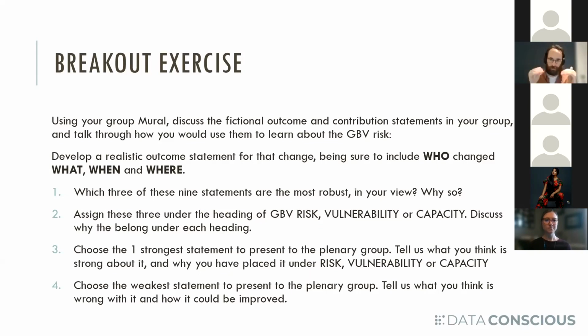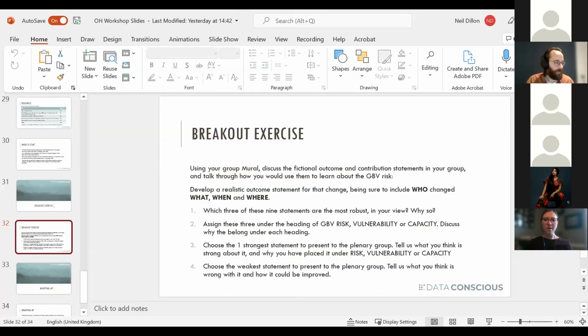If you scroll down, there's a section that says breakout exercise number 2, and it's on interpreting the data. In that section, you have the risk analysis, the threat, capacity, vulnerability, taken from the example that we saw before. And then I've got 9 different outcome statements. These statements are of varying quality.